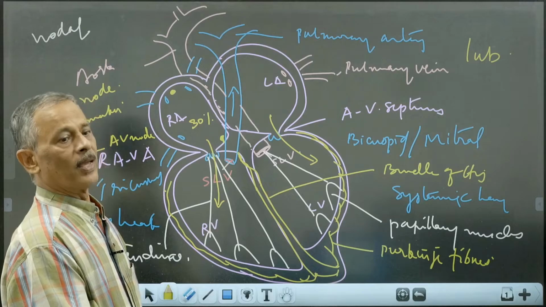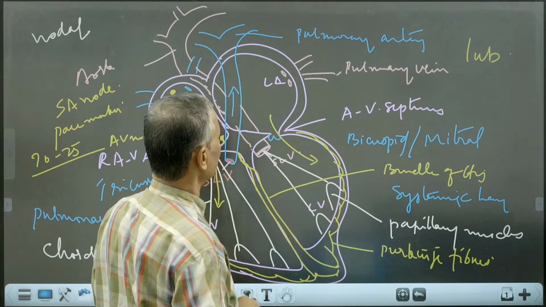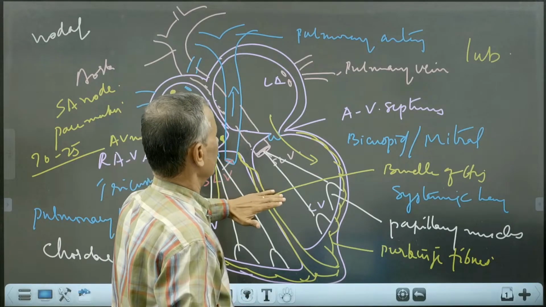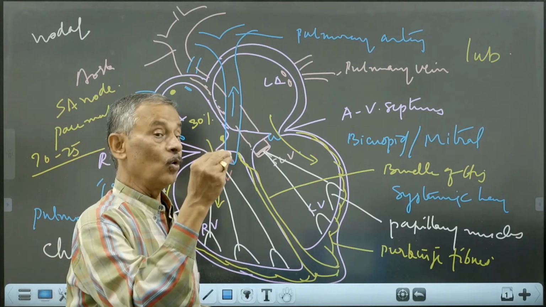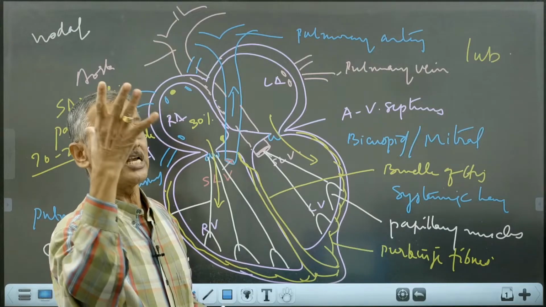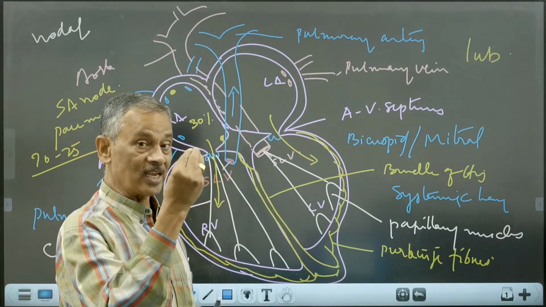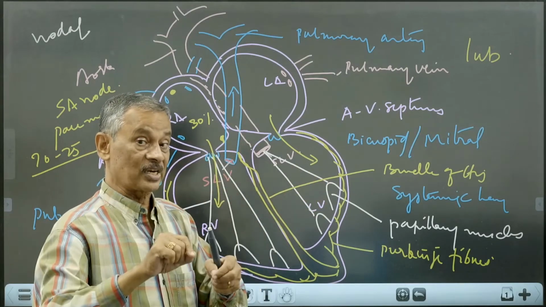Okay. And when the systole is over, the ventricle, which is contracted, is now returning back. That is, its diastole begins. When it is in diastole, it is coming back to the normal size, volume is increasing, pressure is decreasing.